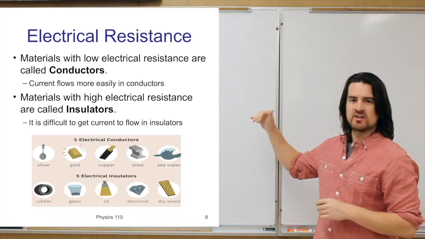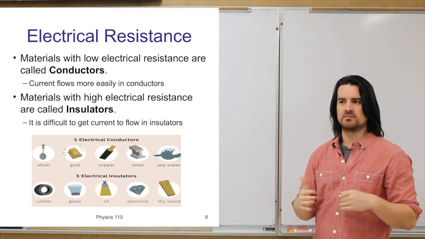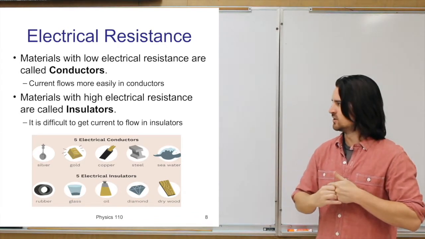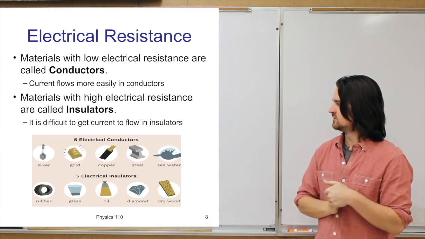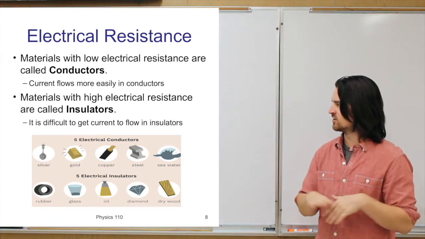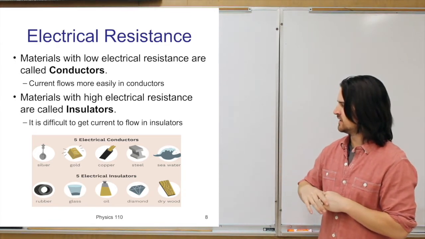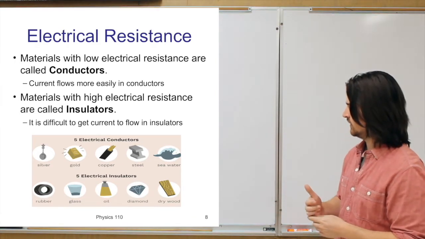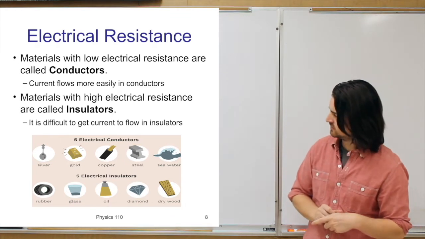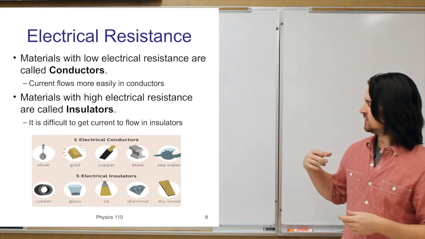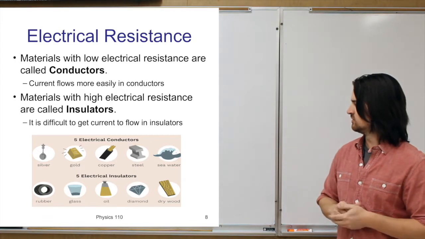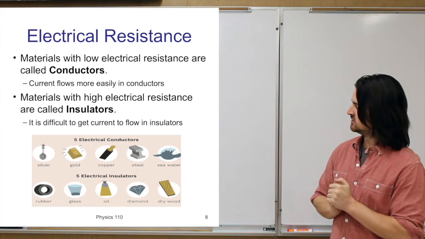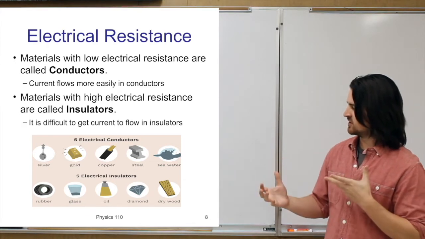A material that has a very high electrical resistance, meaning it presents a lot of resistance to the flow of current, is what we call an insulator. It insulates things and doesn't let current flow between them. It's very difficult to get current to flow in an insulator. Some examples of insulators are rubber, glass, oil, diamond, it turns out, and dry wood.